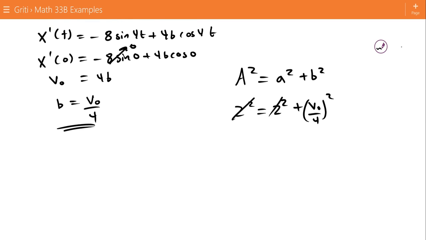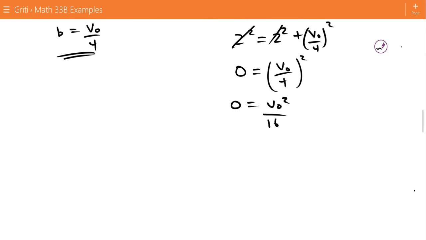So the 2 squareds will cancel from both sides, giving us 0 equals the initial velocity over 4, squared. If we square the top and bottom of that and multiply both sides by 16, we get v, the initial velocity squared, is equal to 0, so the initial velocity must equal 0.